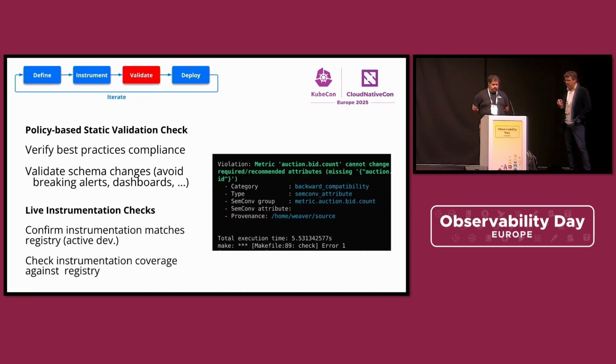The second check is something on which we are currently working. It's named Live Instrumentation Check. And the goal is to use your integration tests. From there, you generate some kind of telemetry streams, and we put Weaver in front of that, and we collect all the telemetry objects.